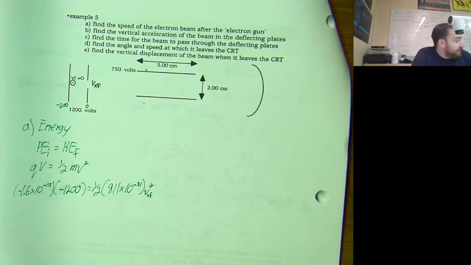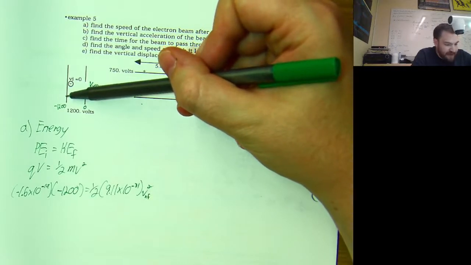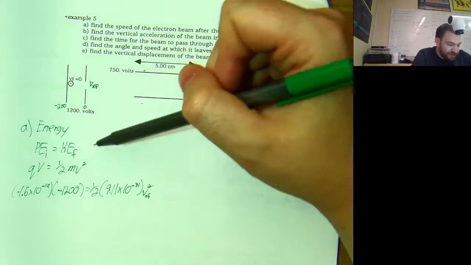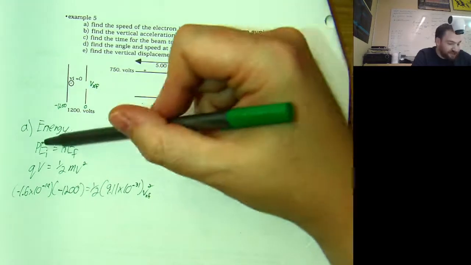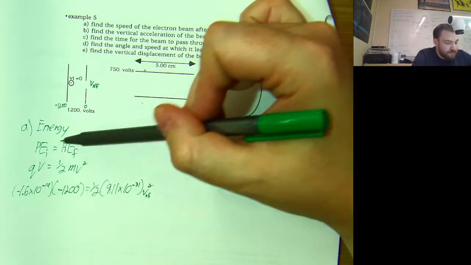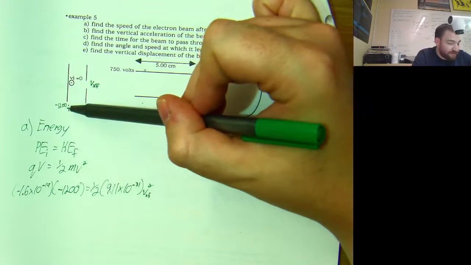Again, as long as they're different, the difference has to be 1200. I could have made this negative 600 and 600, but then I'd have a potential energy term over here. I want to set this up as simply as possible. Potential equals kinetic means that's where the voltage has to be. If that's an electron, that's got to be negative voltage.